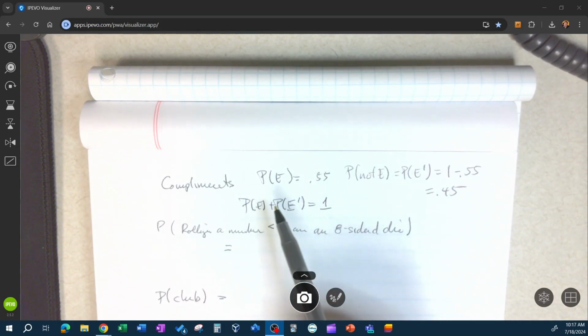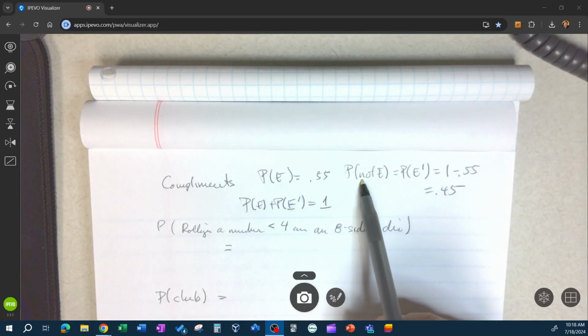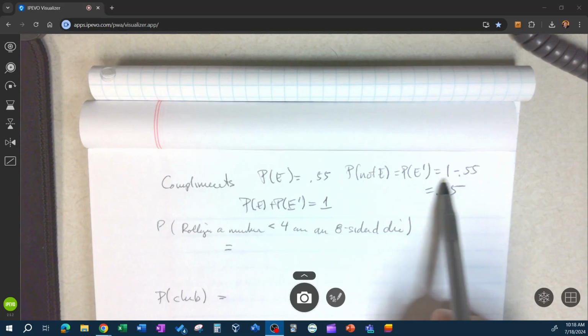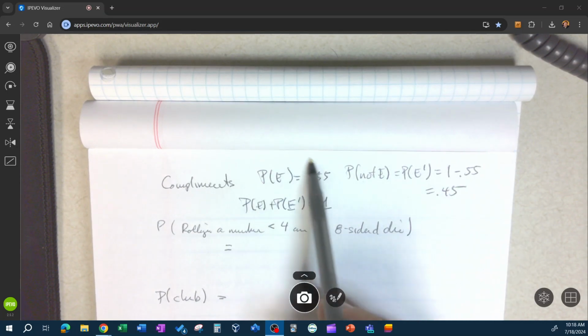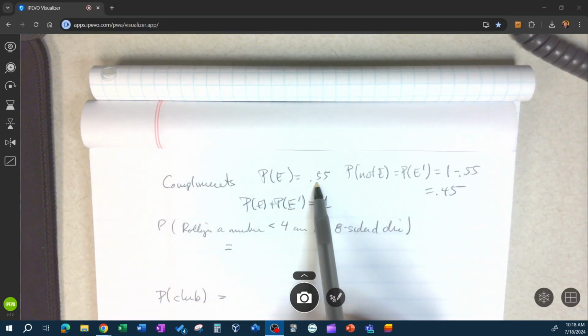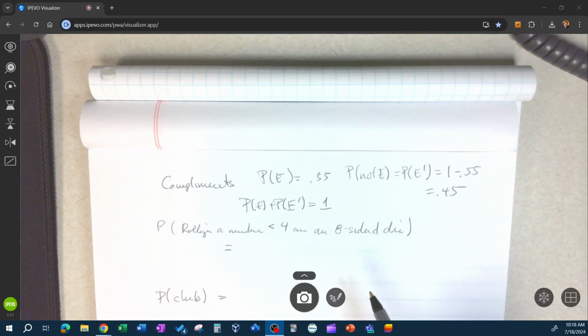So in this case, if the probability that the event E happens is 0.55, like 55% of the time E is going to happen, then the probability that it's not going to happen is just 1 minus that, 1 minus 0.55, all right? So sometimes you have to calculate what the probability of something happening is first, and then the probability that it doesn't happen is just 1 minus that, okay?